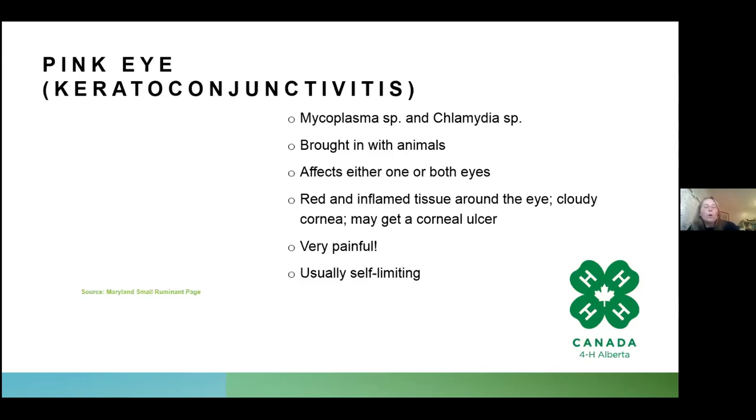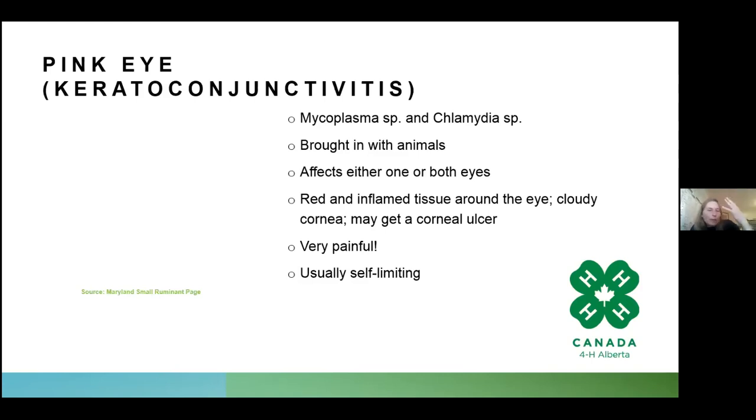But I think most importantly is you want to give them something like Metacam, which is a very strong painkiller, and it is licensed for sheep as well. The other things we can do to relieve the pain in pink eye is we can put a little patch on the eye to help prevent sunlight, because if you have a really sore eye, having bright sun hurts it like heck.